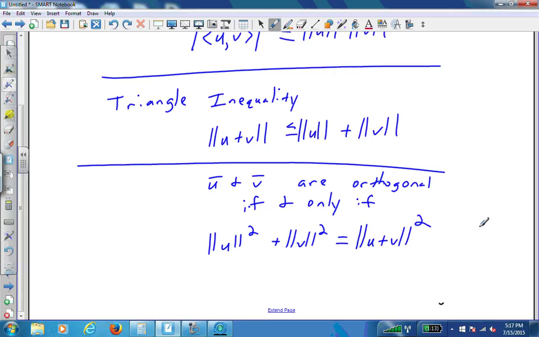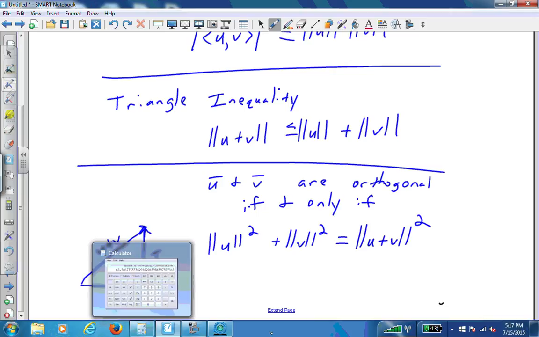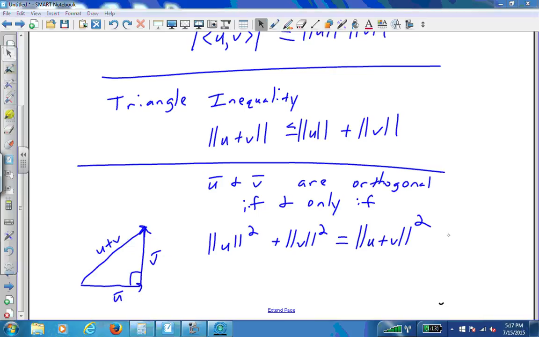So thinking about two vectors, if we take the length of one vector squared plus the length of another vector squared, and that's exactly the length of the resultant squared, then those are perpendicular. Otherwise, they're not perpendicular. So hopefully we all know by this point that the Pythagorean theorem only applies to things that are perpendicular or orthogonal. So that kind of generalizes 5.2.